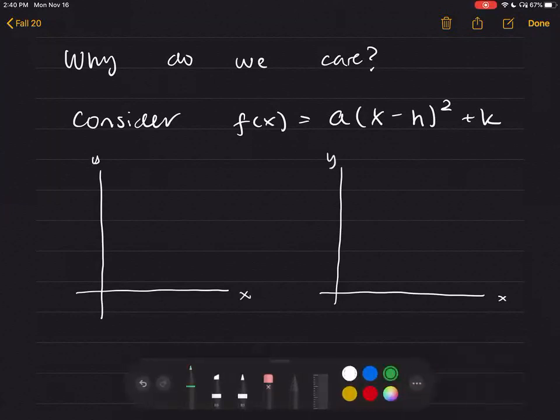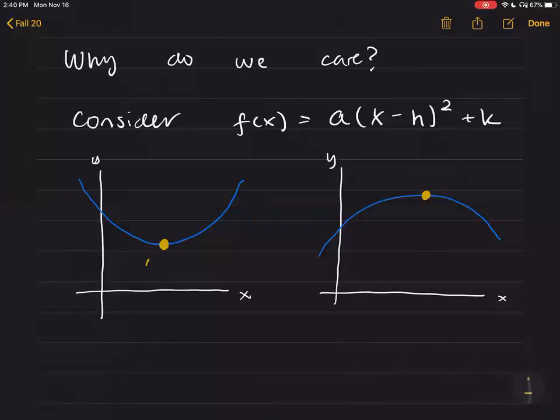So you either get the case where you have your parabola facing up, or you have a parabola facing down. In both cases, the vertex is given by (h, k). That's the coordinate of the vertex. The same h and k that are right here. So if you write it in standard form, you can immediately say, the vertex is h comma k.